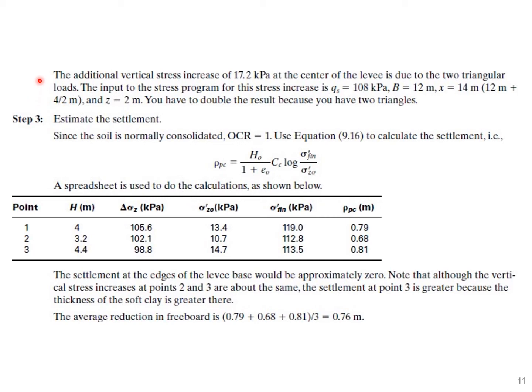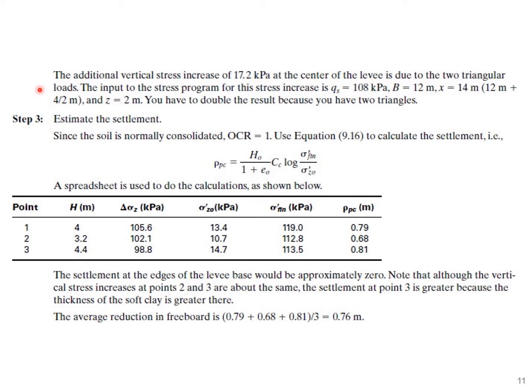While some description is mentioned that I have already explained, the additional vertical stress increase of 17.2 kPa at the center of the levee is due to the two triangular loads. The input to the stress program for this stress increase is QS is 108 kPa, B is 12 meter, X is 12 meter, that is 12 meter plus 4 over 2 meter, and Z is 2 meter.